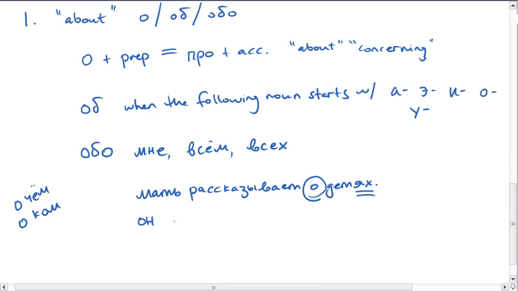О чем он думает? Он думает об экзаменах. So there's our prepositional plural ending, and we have this ob because our first letter here is e.